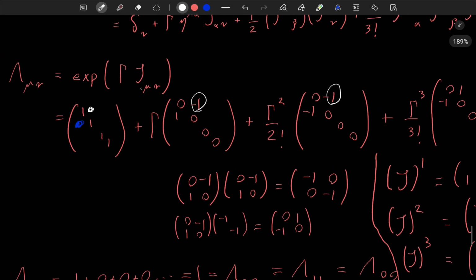You see, I shouldn't be doing it with the generator. I should be doing it with the whole infinitesimal transformation. This right here should really be something that looks like 1 plus little lambda.